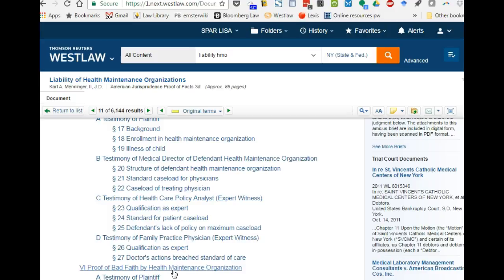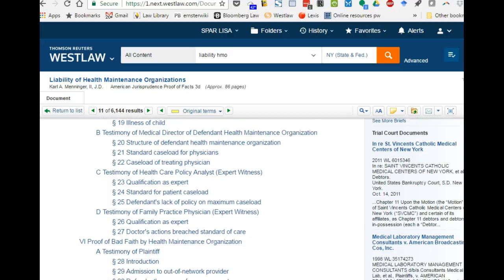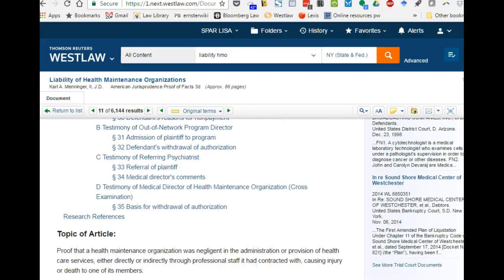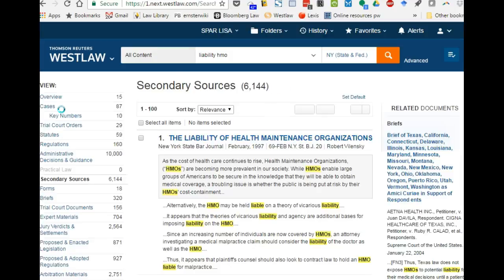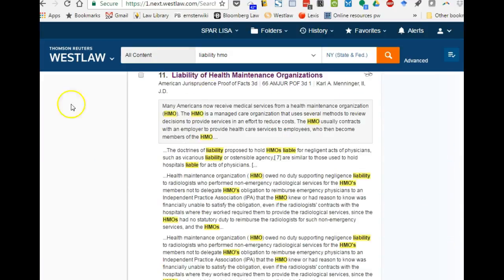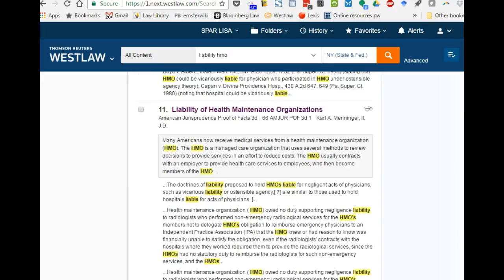But maybe if we can show bad faith, so if you are reading through this and thinking and being open-minded, you can get ideas on how, okay, maybe you've done your research and too bad we might be preempted, but maybe not if we can show these other theories or prove these other theories. So one type of practice material, and as I mentioned, causes of action are quite similar.